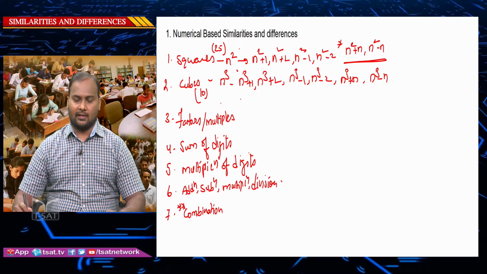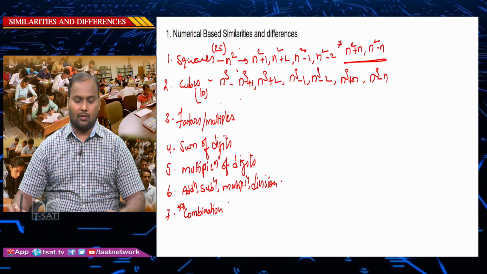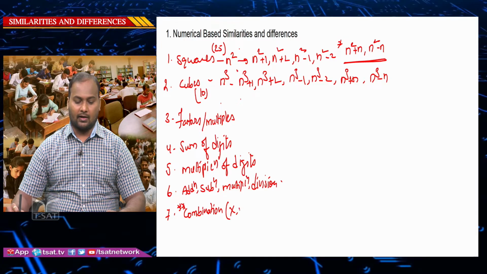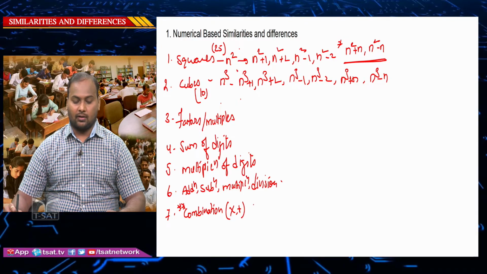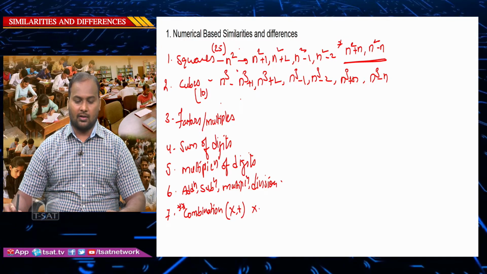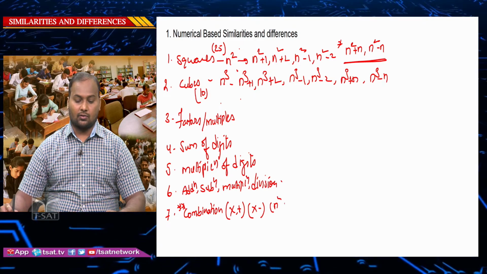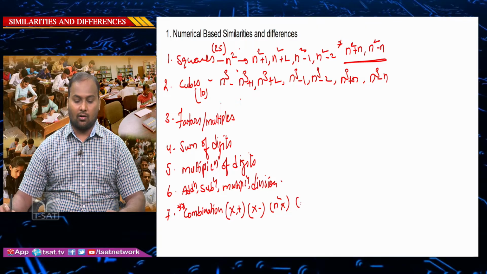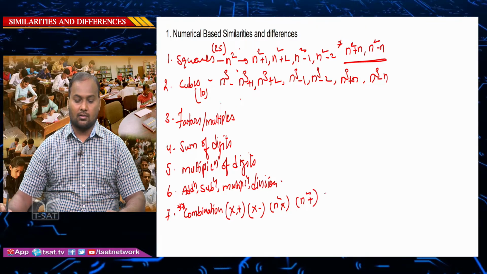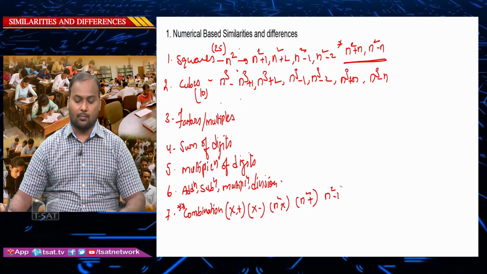So, how can this combination be done? For example, a combination of multiplication and addition. This is one combination. The combination of multiplication and subtraction is one more combination. The combination of squares and multiplication, squares and additions, squares and subtractions.